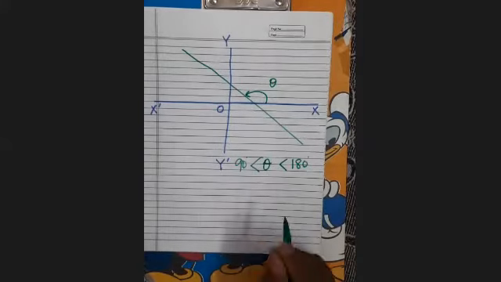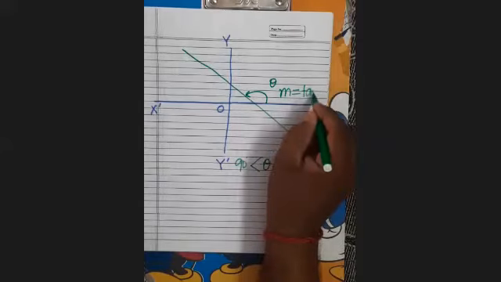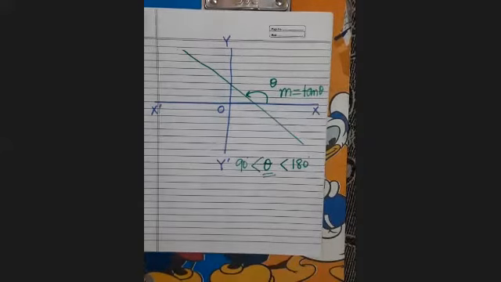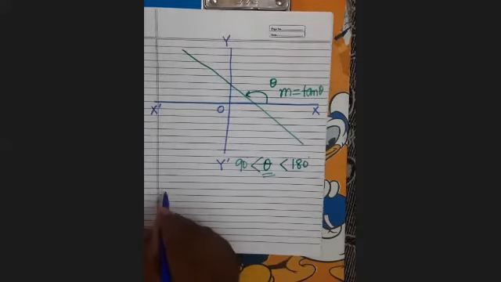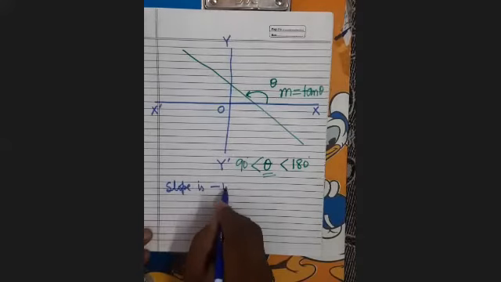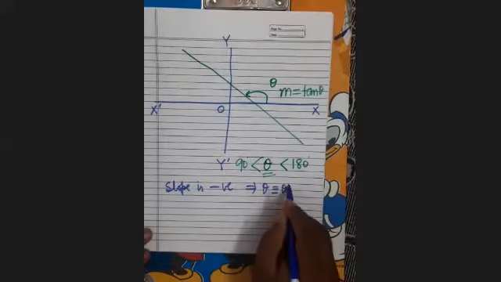It's clear? और इसके लिए tan क्या होता है? ये एंगल कहाँ लाई करेगा? सेकंड क्वाड्रेंट. It lies in the second quadrant, and in the second quadrant tan क्या होता है? Negative. It's clear? So you remember, slope is negative means theta will be obtuse.